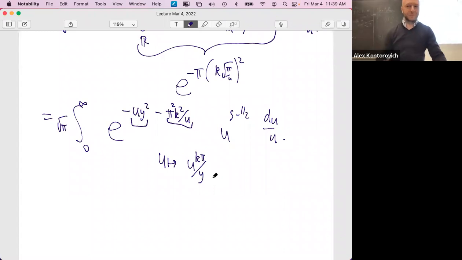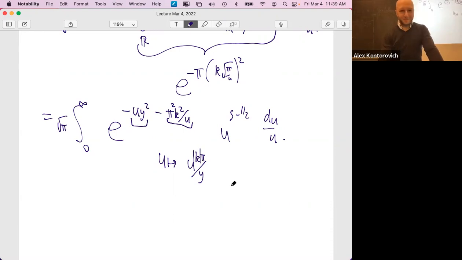Wait, you're making another function here, right? This has another name. The K-Bessel function. Yes, that's exactly what it is. Now, this is the one place where I have to be a little careful. There's a k squared. u has to be positive. So I have to take the absolute value of k.